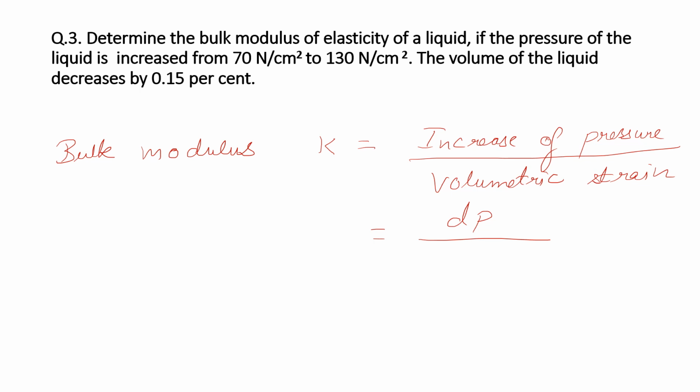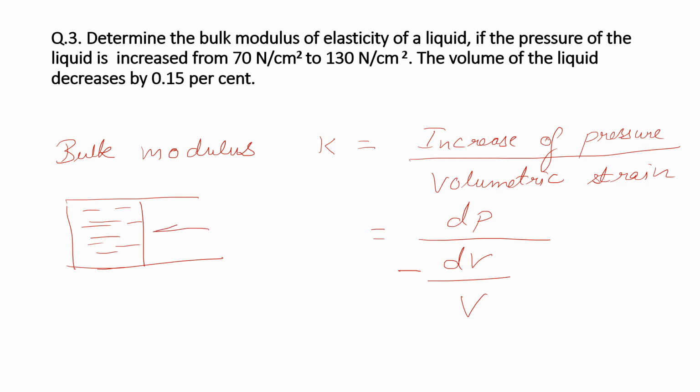So we write it as volume change divided by original volume, and we choose a negative sign here because the volume is decreasing as pressure is increasing. Suppose we have a piston here, and this is our fluid which is filled inside it and which is compressible, right? And if we apply pressure here, suppose air is present or any liquid which is compressible, and I am applying a force, increasing the pressure, then definitely the volume will decrease.